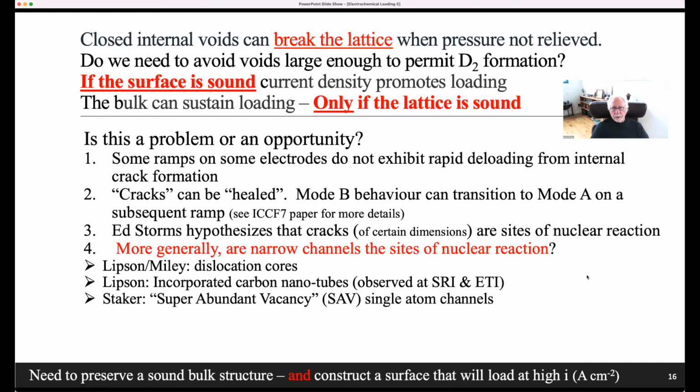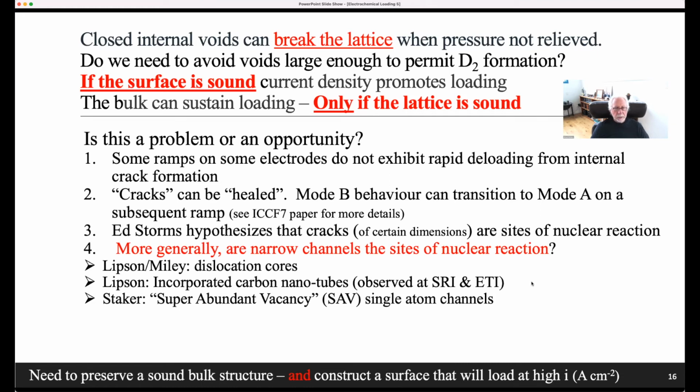Ed Storms hypothesizes that cracks of certain dimensions are the sites of nuclear action, so maybe size matters. I think more generally, are narrow channels the sites of nuclear action? Lipson and Miley spent much effort loading dislocation cores, which are linear channels inside the palladium lattice. Andrei Lipson incorporated carbon nanotubes into a palladium matrix and used that as a cathode.